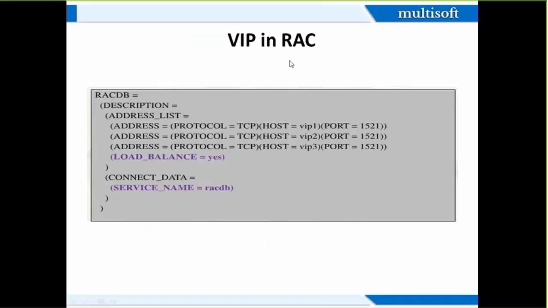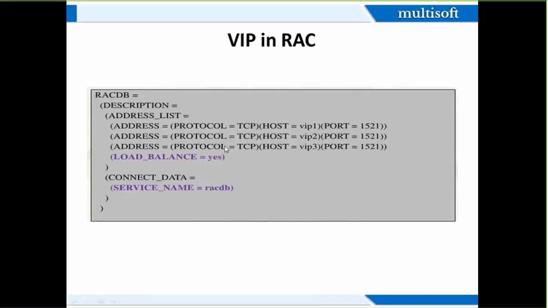Prior to 11g R2, the network configuration file on the client computer needed to be modified whenever nodes were added or removed. That means we had to go to each and every computer and modify it. Suppose I added another node, I needed to put an entry in all the nodes. Or if I removed some node, I had to remove that entry from the DNS name on all the nodes.